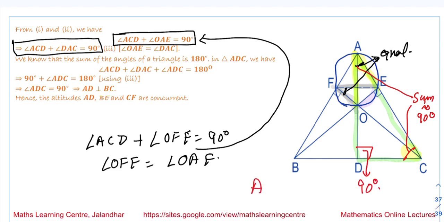This means that AD is perpendicular to BC, and this is what we had to prove: AD is the altitude of triangle ABC on the side BC, and it passes through O. So we have three altitudes over here: one is AD, second is BE, and third is CF, and all these three altitudes pass through this point O. So all the altitudes of this triangle are concurrent.